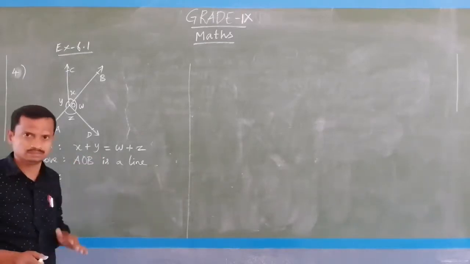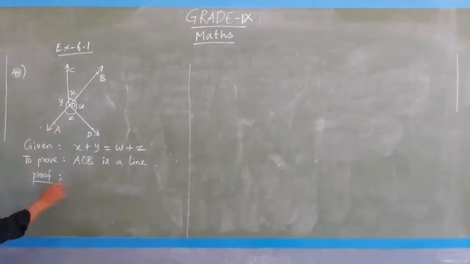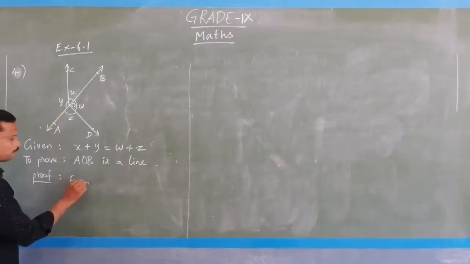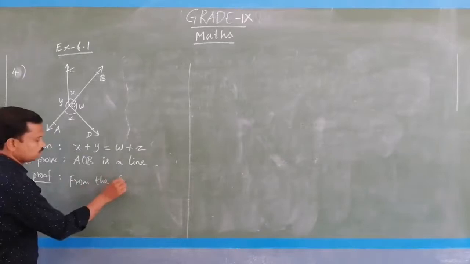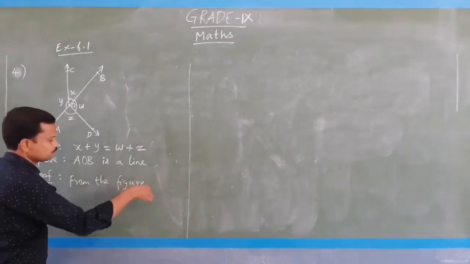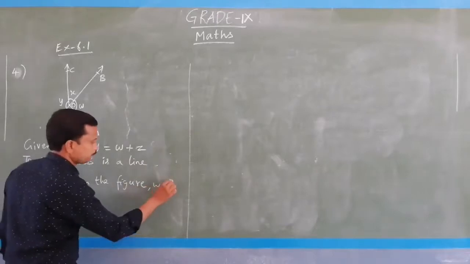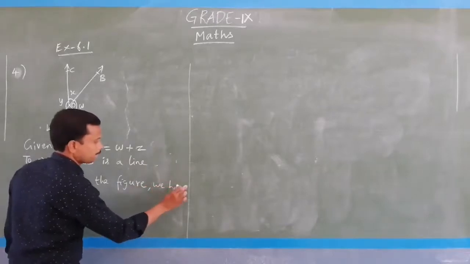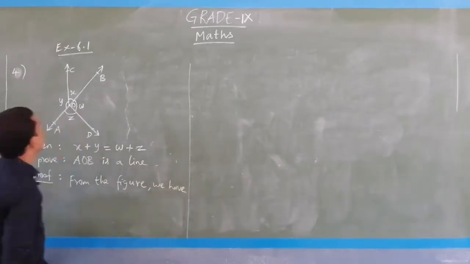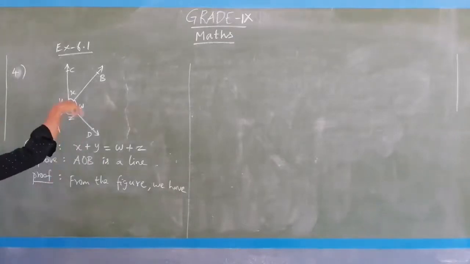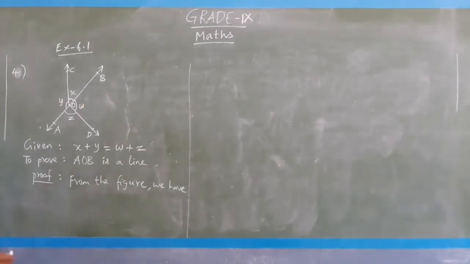Okay, so in the proof part, from this figure we have, what? If you add all the angles x, y, z, w, we get 360 degrees. Am I right? Starting from here, all angles.